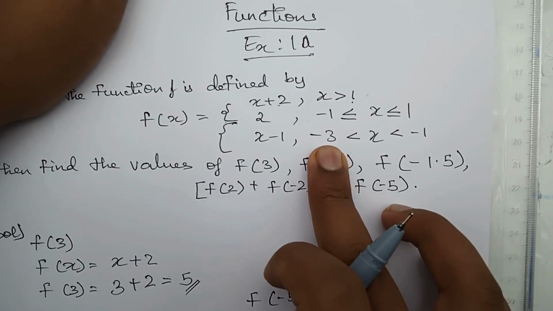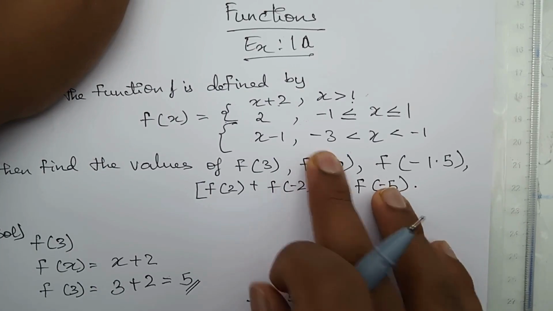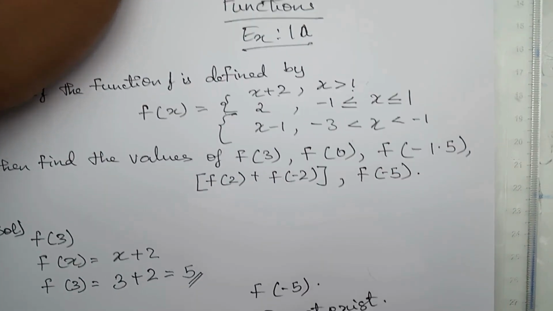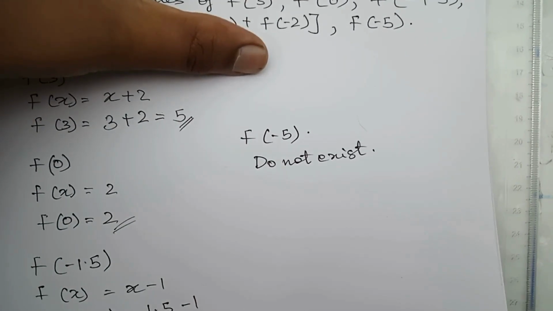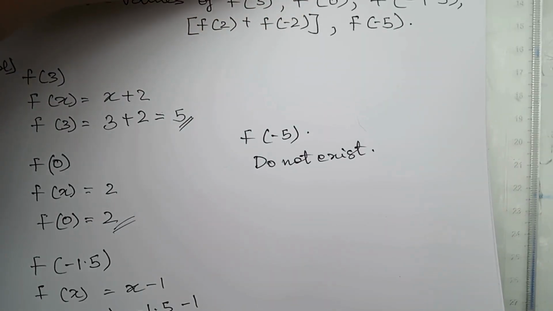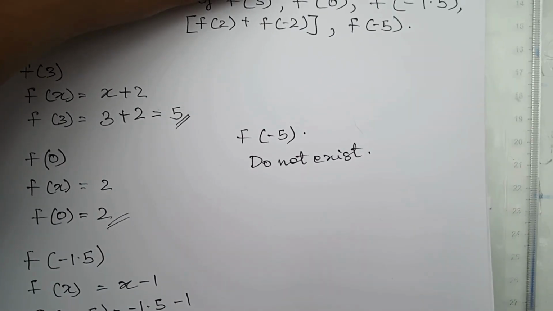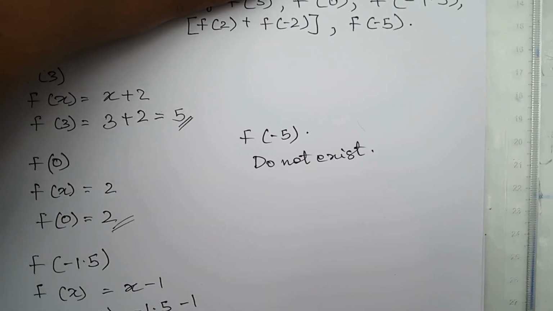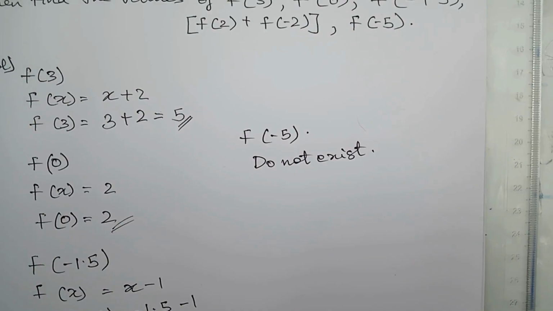If there would be minus 5 here, we could accept this question, but there is minus 3 here, so we cannot accept it. So it does not exist. Now we will head towards the next problem.